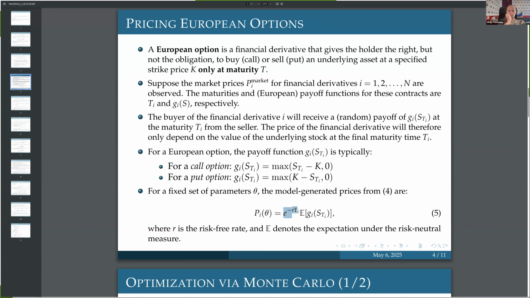You want to evaluate the expectation value of the payoff function, and the exponent is here because money loses value over time.